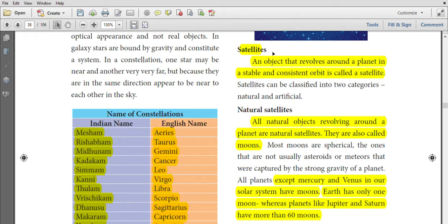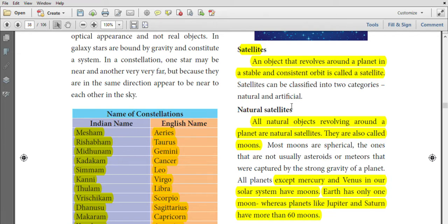Satellite. What is a satellite? A heavenly body revolving around a planet is called a satellite. Satellites are of two types: natural satellites and artificial satellites.